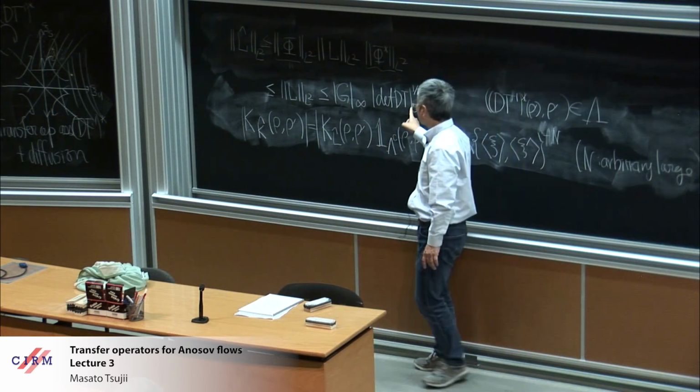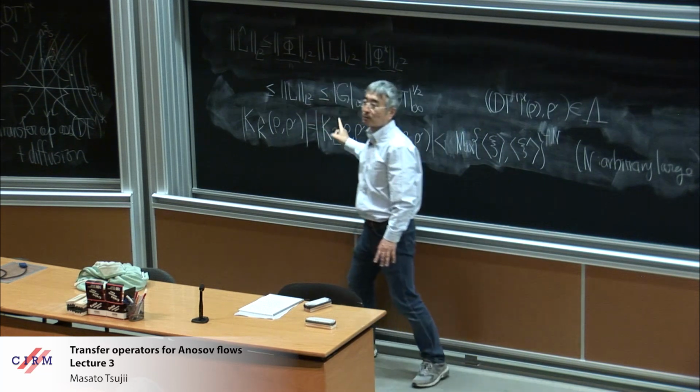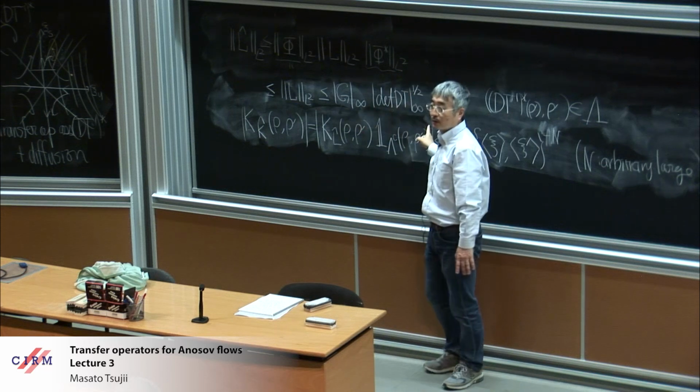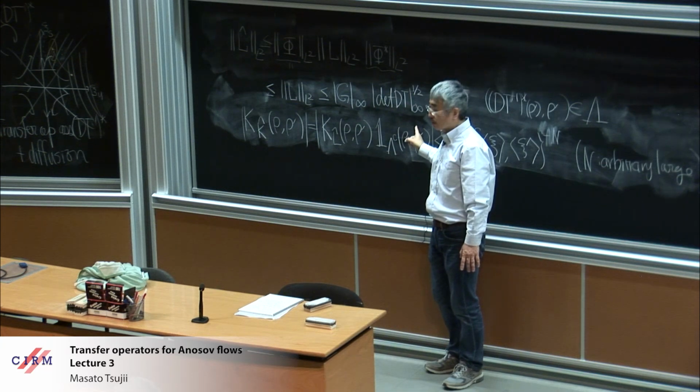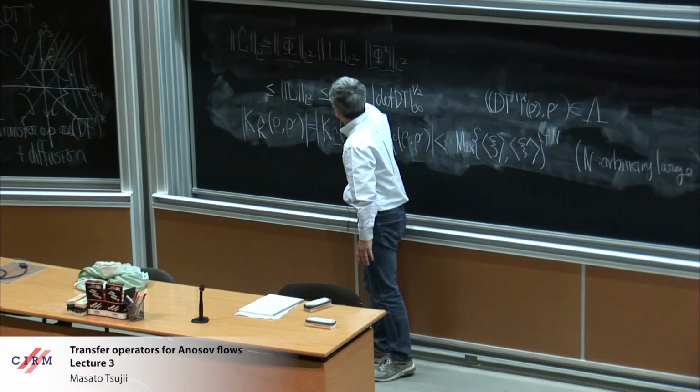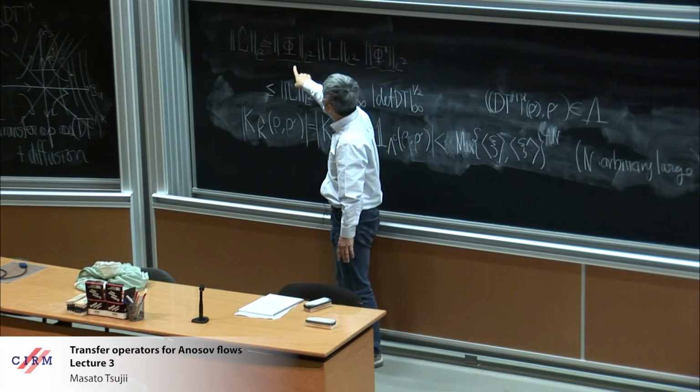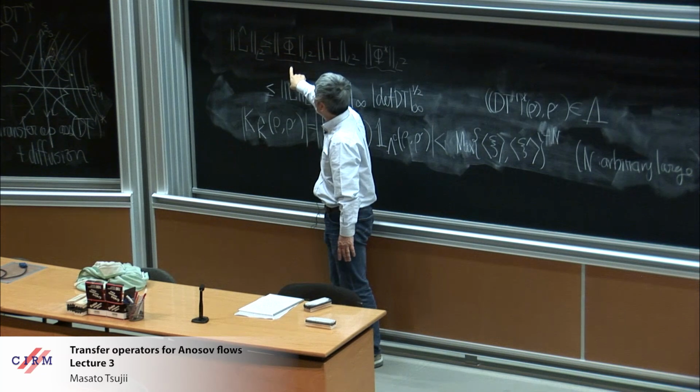If you consider the action of L on L2 space, then you get this bound. Okay, but then for which G do you have spectral radius 1? Or is this just a bad bound? It's not a bound for the spectral radius, it's a bound for the norm. So this is the operator norm, this operator has norm 1.